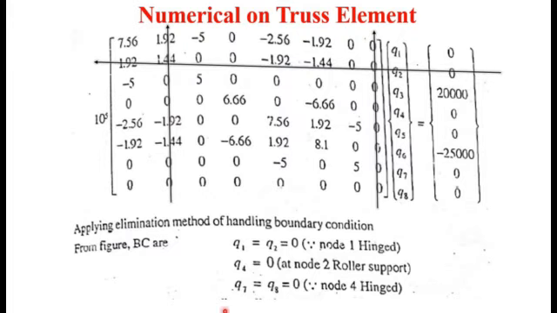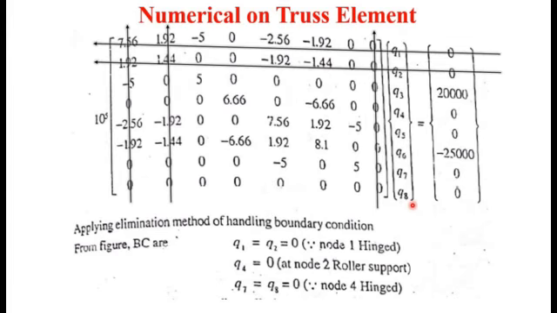Then again q7 and q8 are equal to 0, because node 4 is again hinged. A fixed support is there at node 4, so the displacements at node 4, that is q7 and q8, are 0. By putting these displacement values in the displacement vector, we get a simplified equation.